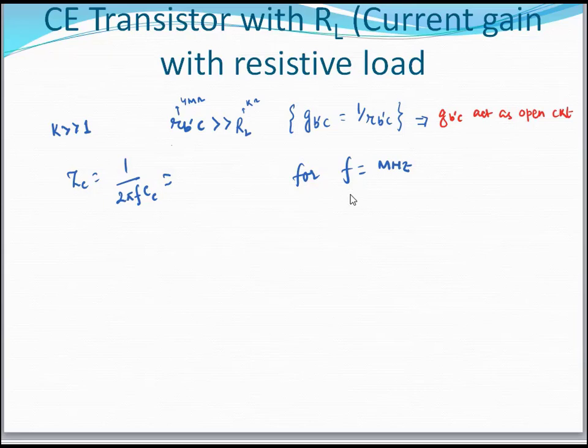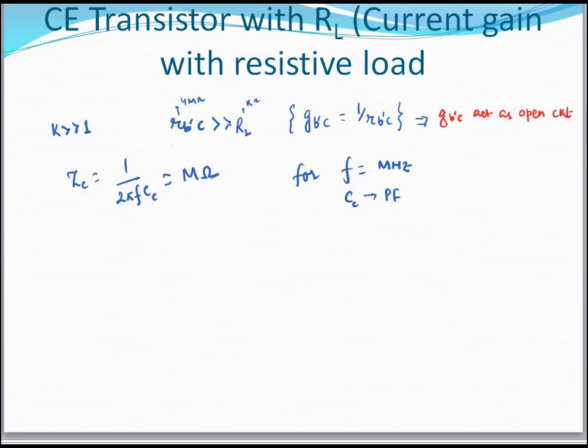So the value of CC here is in the picofarad range. So if frequency is in 10 to the power plus 6 and CC is 10 to the power minus 12, the result of ZC will come in mega ohm range.